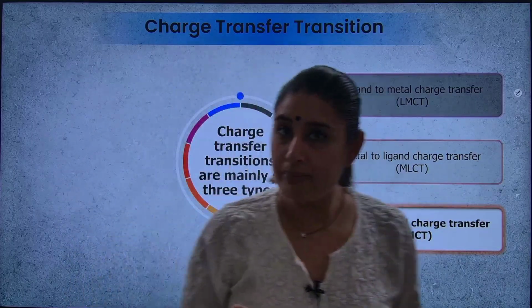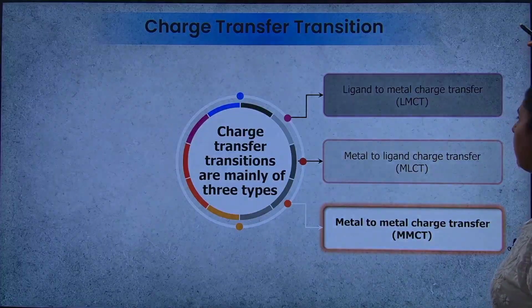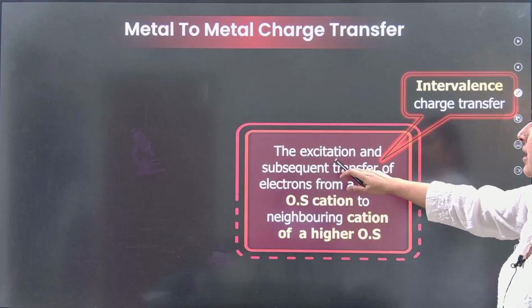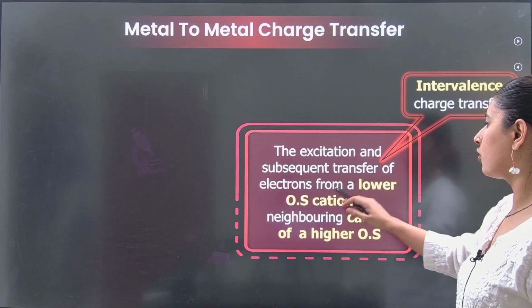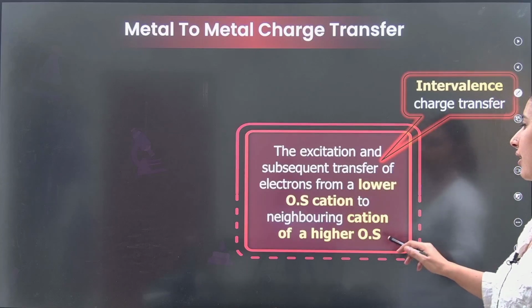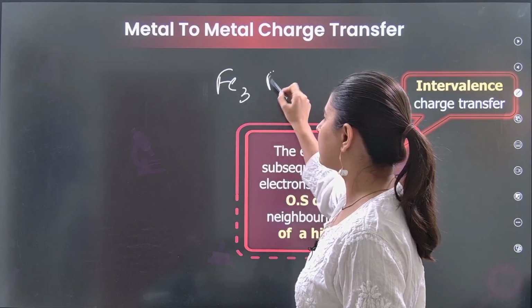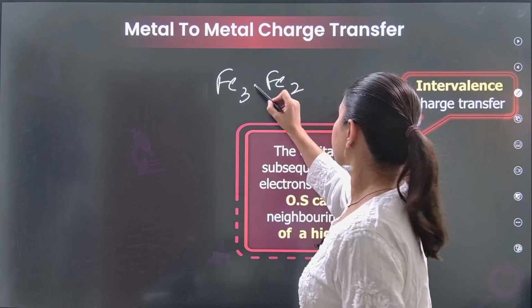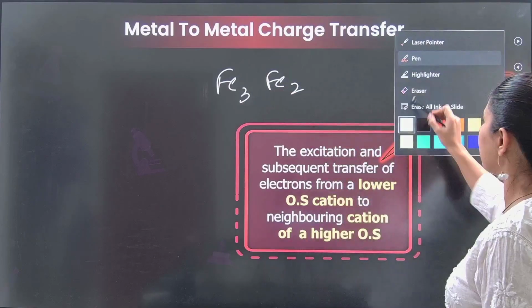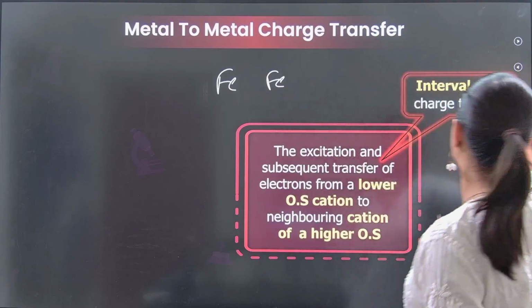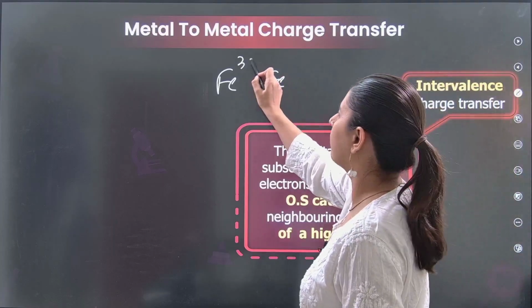If you remember metal-metal charge transfer, where to see it? Hey, it's easy. The excitation and subsequent transfer of electron from lower oxidation cation to higher oxidation cation. So you should have, let's say, Fe3+ and Fe2+, both in one complex. Do you remember what complex I'm talking about?